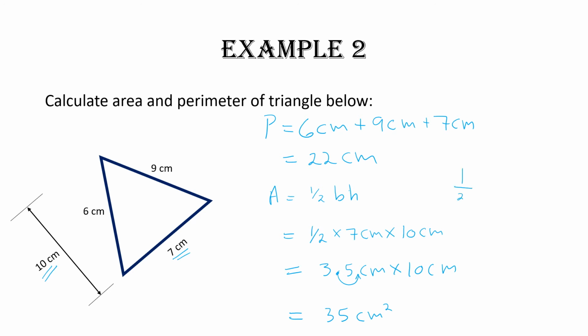If I have, let me use the same formula, half multiplied by b multiplied by h. Multiplication, because it's commutative, nothing is wrong if you say this: half multiplied by h multiplied by b. That is what commutative means. Even if you change the positions, the answer would not be affected.